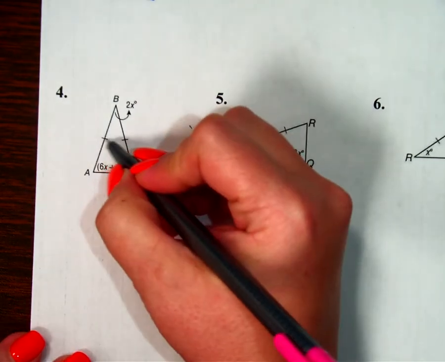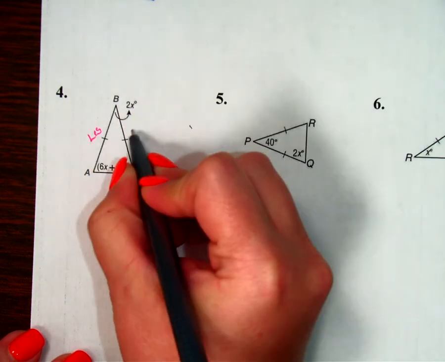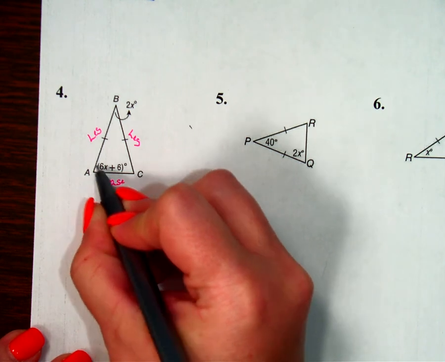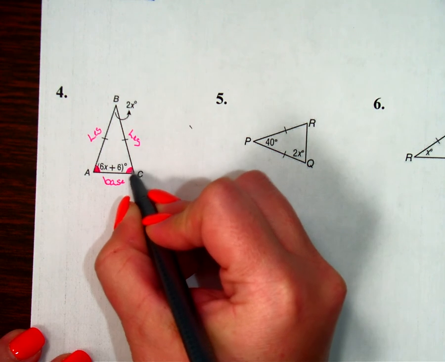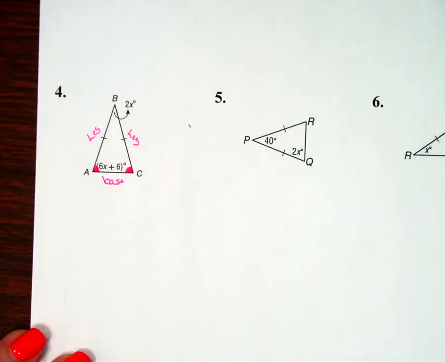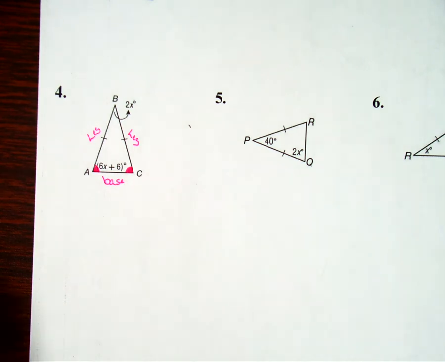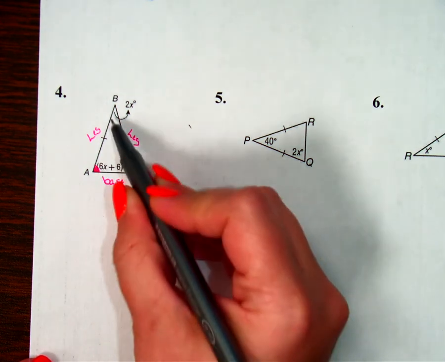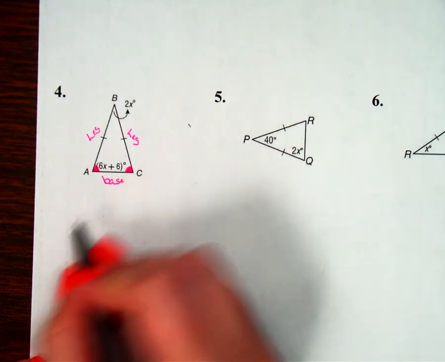Number 4 is a little bit different. Here I can see I have my tick marks, so this is a leg, and this is a leg, which means this is my base, and angle A and angle C are my congruent angles. But I can't say 6x plus 6 equals itself, 6x plus 6, because that's going to just cancel everything out. So I do have to use the three angles, and I know together they're going to add up to 180.